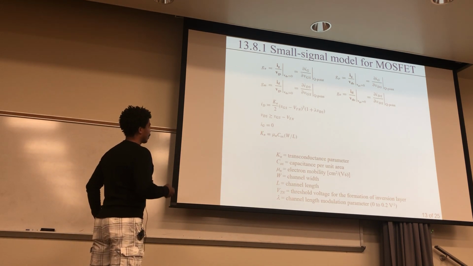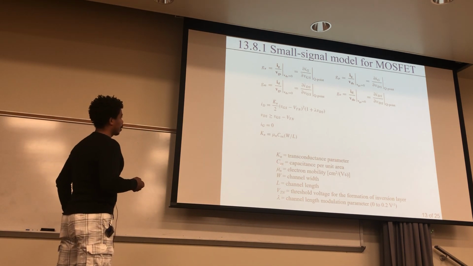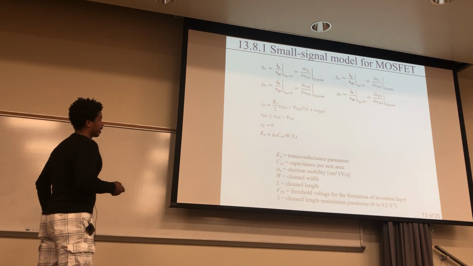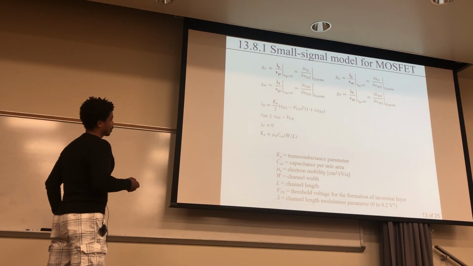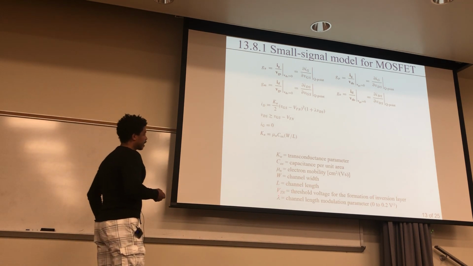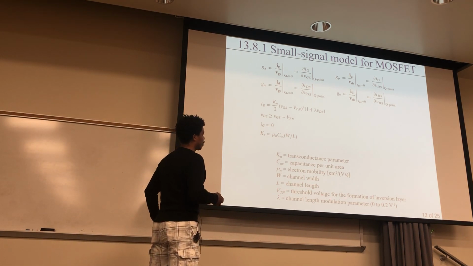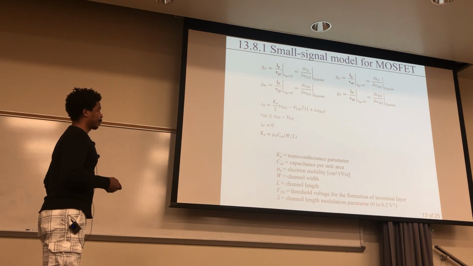What these values are: the Kn is a transconductance parameter. The Cox is a capacitance per unit area about the oxide. This mu n is the electron mobility. W that you see is the channel width. L is the channel length. VTN is the threshold voltage for the formation of the inversion layer, and lambda is a channel length modulation parameter.